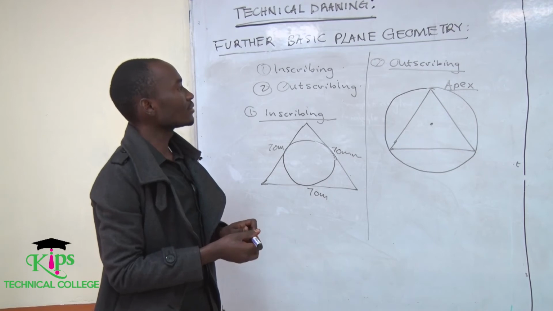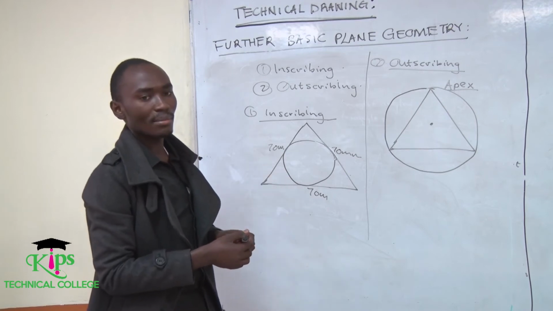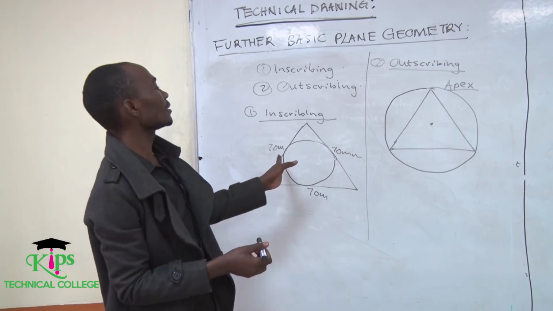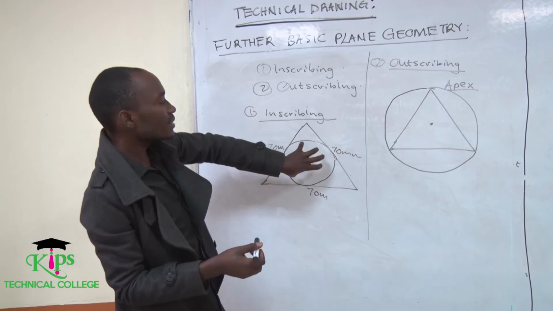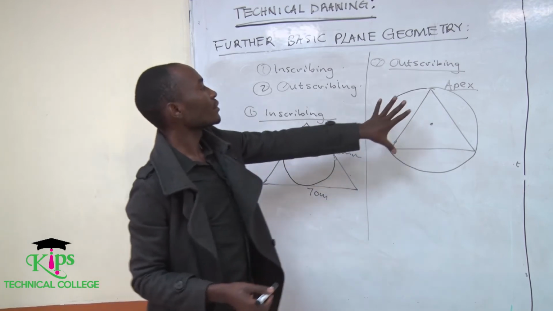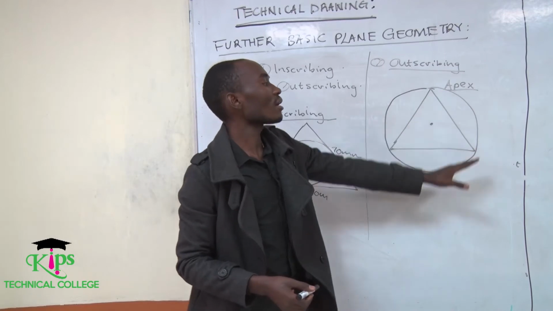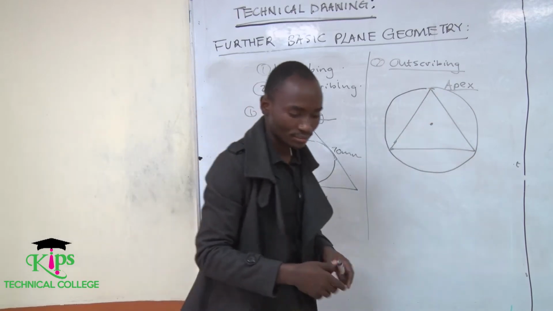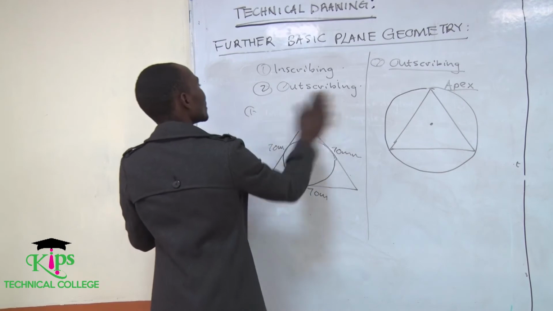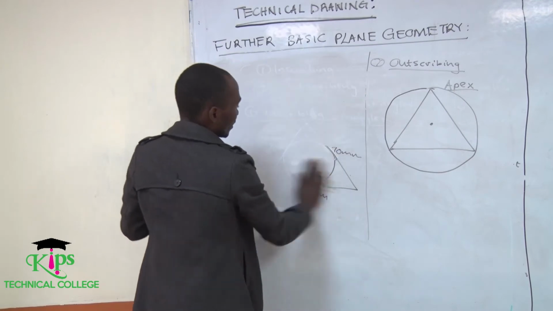So I want us to get two examples on how you inscribe a circle inside a triangle and how you outscribe a circle outside a triangle. Let's get the procedure.